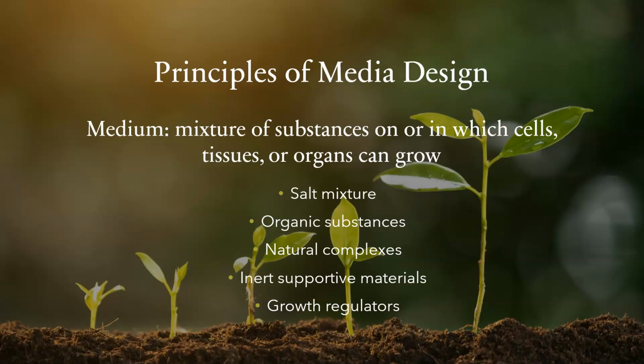Organic substances such as sugars, vitamins, and amino acids. Natural complexes comprising growth-promoting or inhibitory compounds. Inert supportive materials, and most of the time plant growth regulators to control different physiological responses in vitro and direct the morphogenesis of plant tissues in culture.